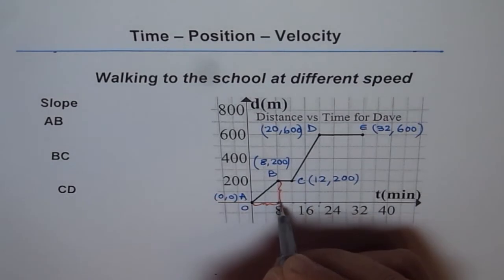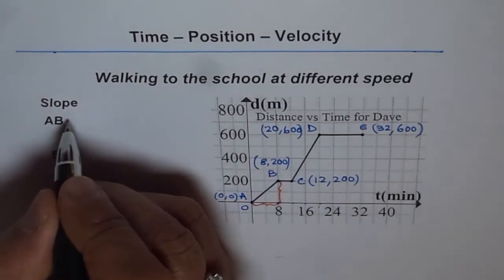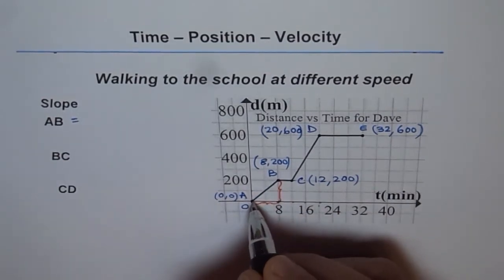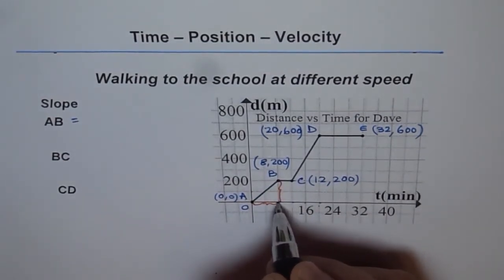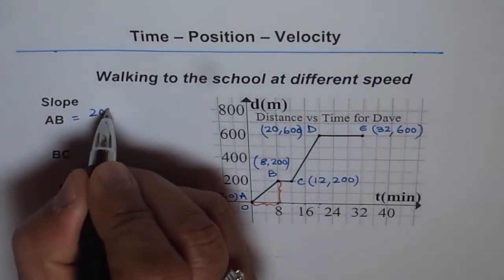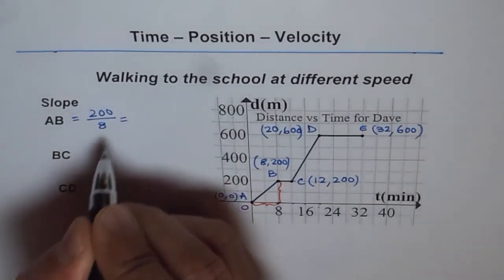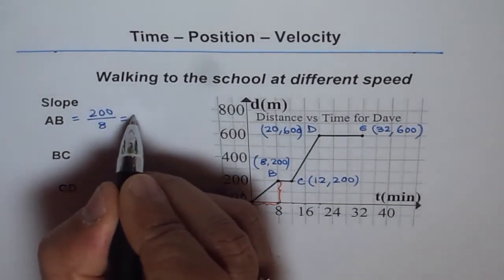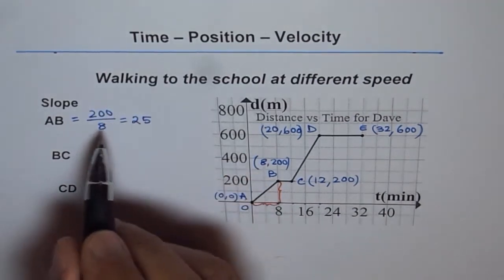So this change is 200 meters, right? So let's write 200 in the numerator. Slope of leg AB is change in distance, which is 200, divided by change in time, which is 8. And that gives us 25.